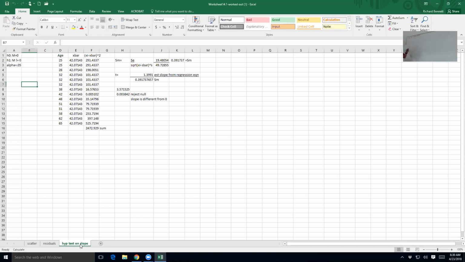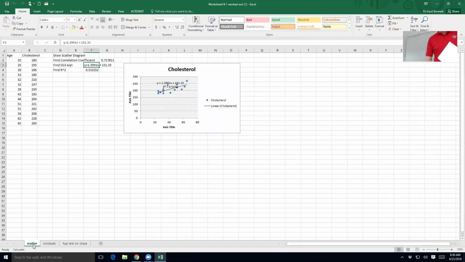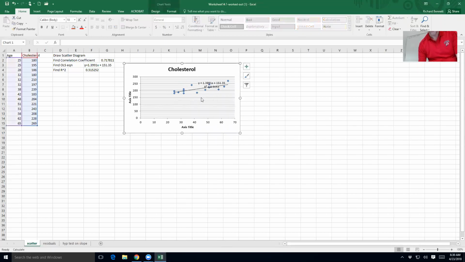Okay, so just as a reminder, on our original scatter plot, we were trying to determine if there was a linear relationship between cholesterol and age. I must have been in a hurry when I did this the last time.